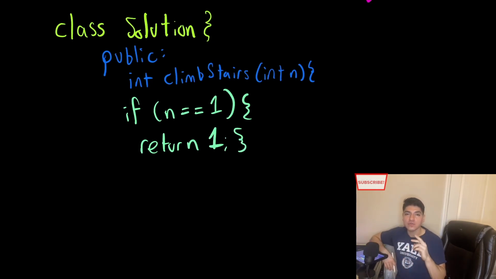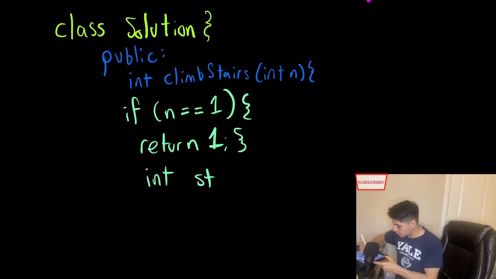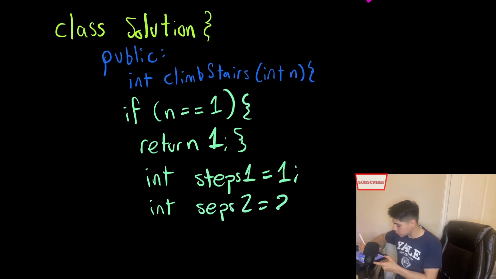These are going to be your 2 starting amounts of solutions. This is going to be how many solutions it takes to go 1 step, and how many solutions it's going to take to go 2 steps. This could be int steps1 is equal to 1, and int steps2 is equal to 2.